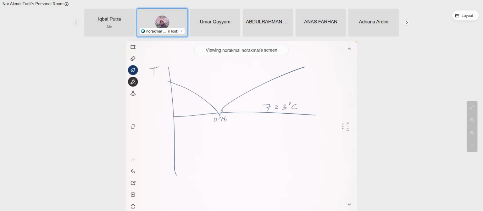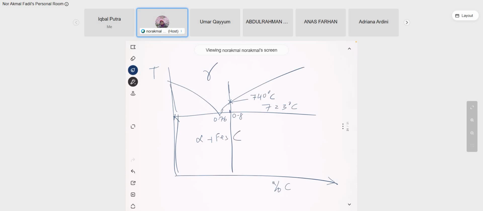This is temperature versus carbon percent. Let's say this is 0.8%, and this is 740 degrees Celsius. At the bottom, this is alpha plus cementite.